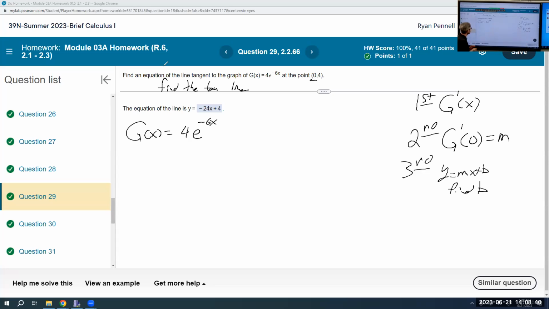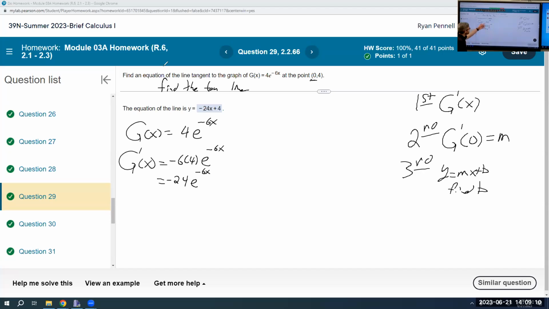So let's do it. All right, g prime of x. Well, e to the x is its own derivative. So the derivative of negative 6x is just negative 6. So we're going to get negative 6 times 4, e to the negative 6x. Okay. 6 times 4 is 24. So that's what I think the derivative is.